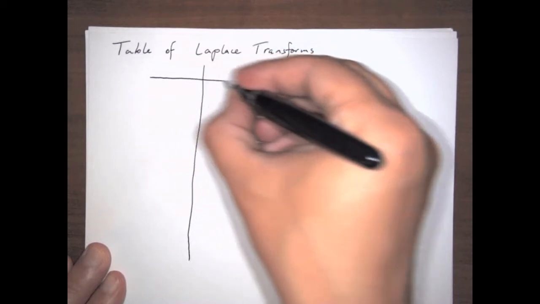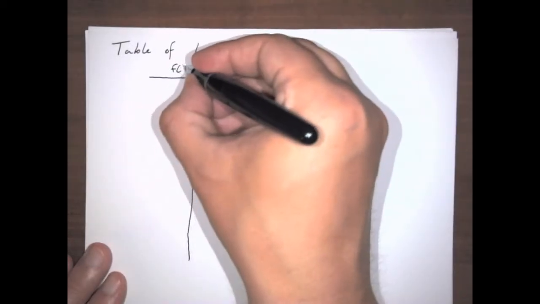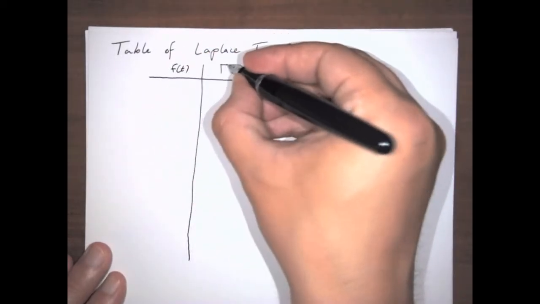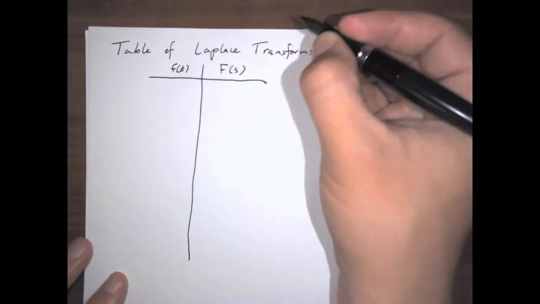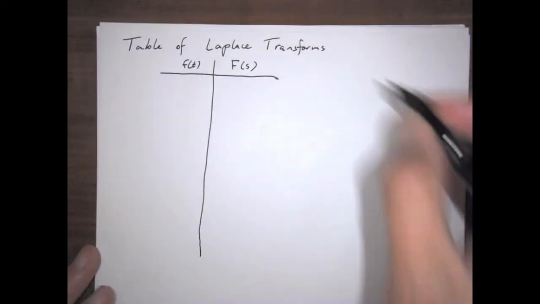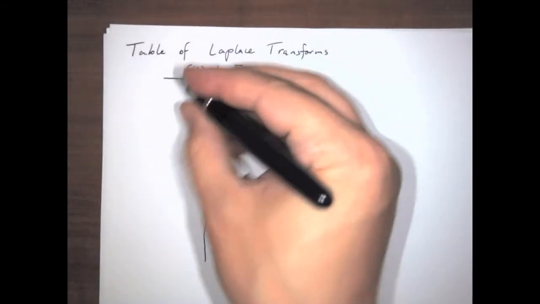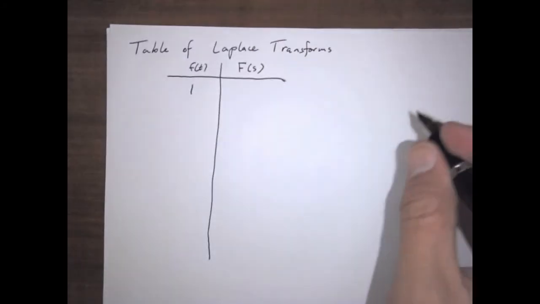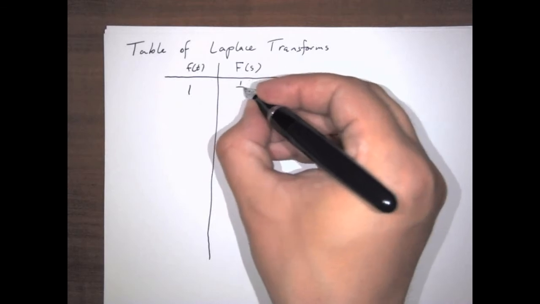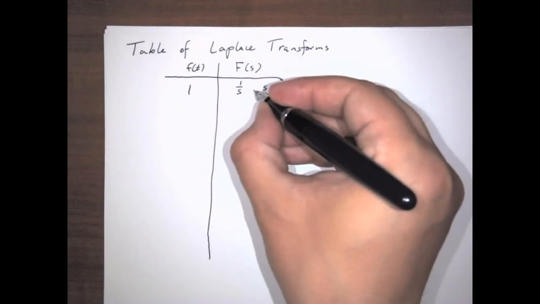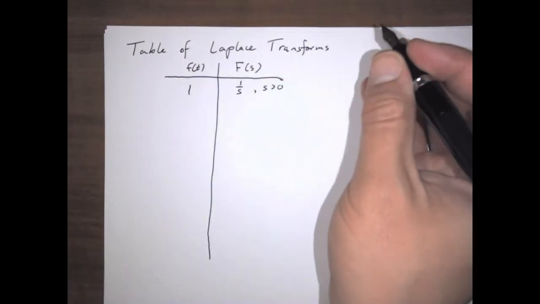So we'll break it up into f of t on one side, capital F of s on the other, and then next to it we'll put the stipulations on the s. Okay, so first off, what we had was the function that was identically just equal to 1, and then that gave us 1 over s with the stipulation that s had to be greater than 0.